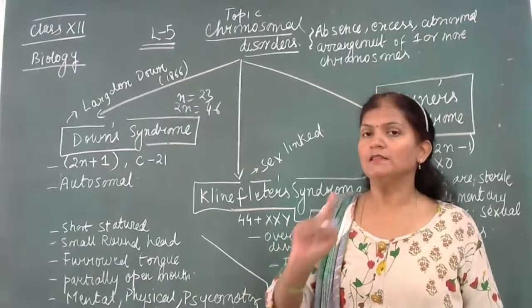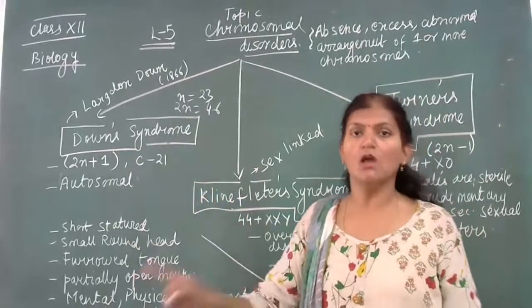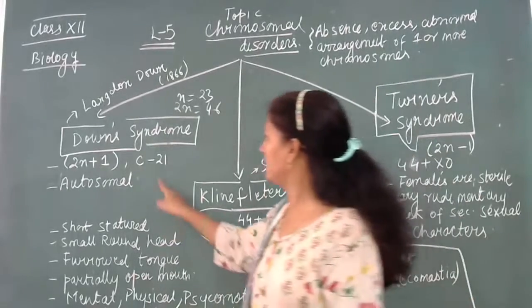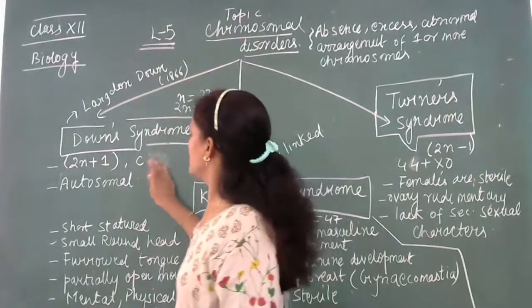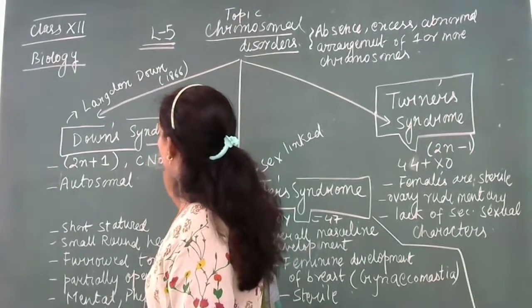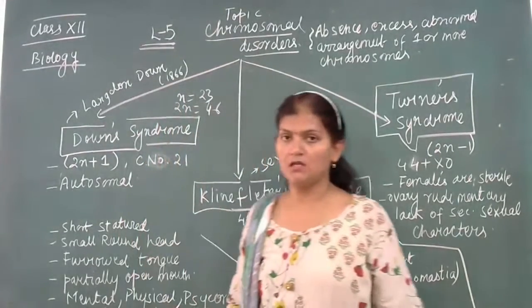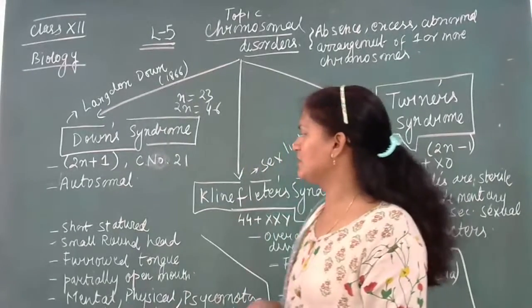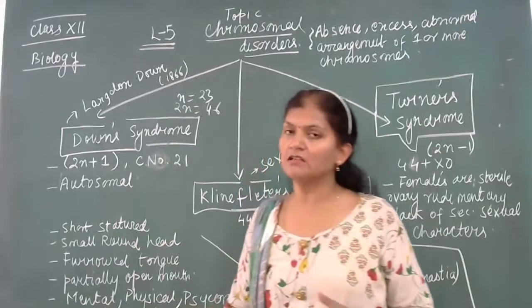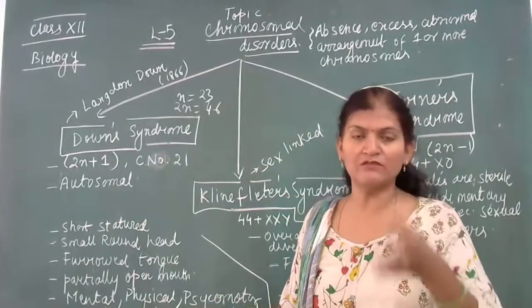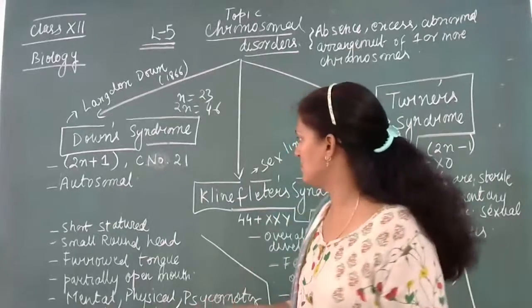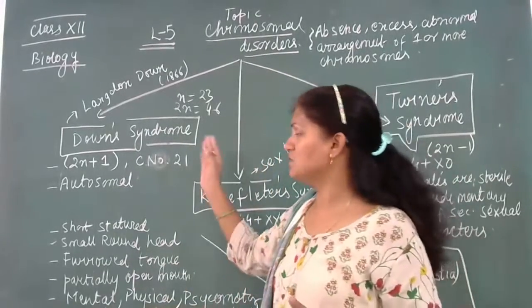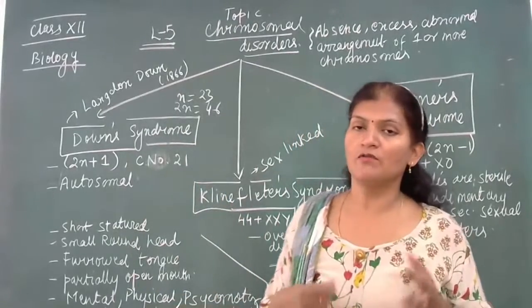Now, in this type of disorder, one extra chromosome is added at chromosome number 21. So what will be the genotype?